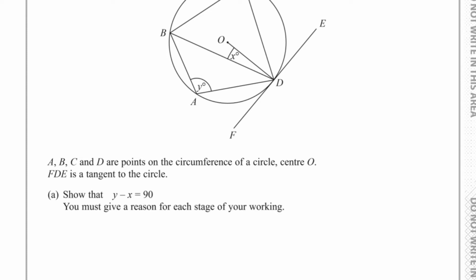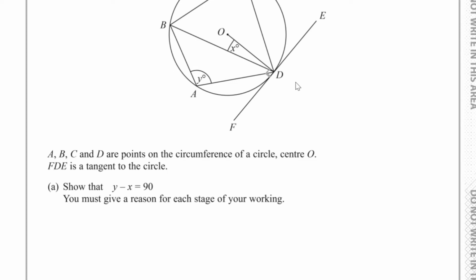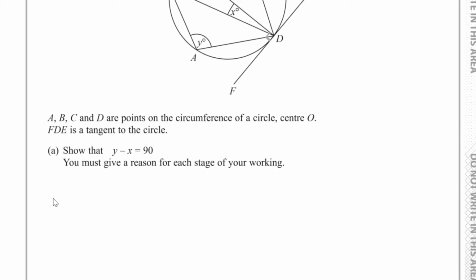And so therefore, because we know that the tangent and radius meet at 90 degrees, that means the angle here is 90 degrees. So the angle ODF is equal to 90 degrees because the tangent is perpendicular to the radius.